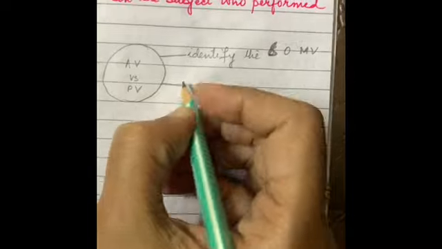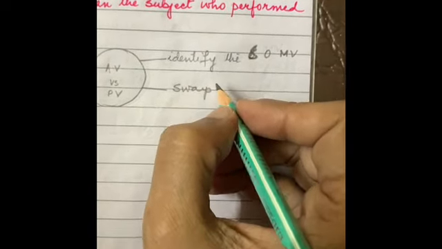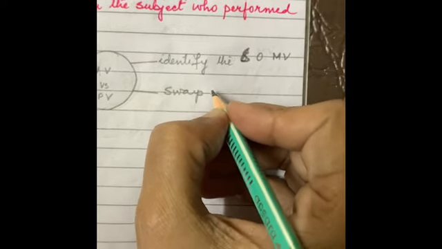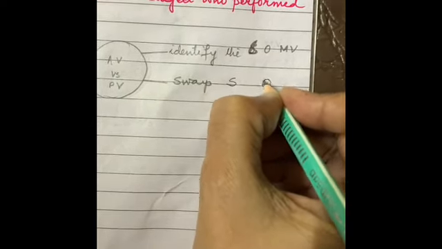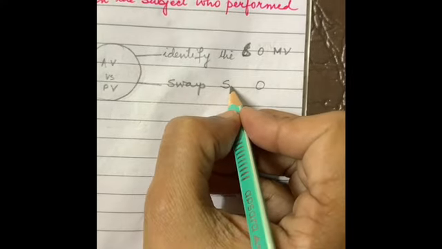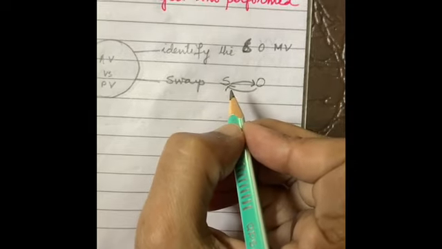Second is swap. Swap what? Swap the subject with the object, and the object with the subject.